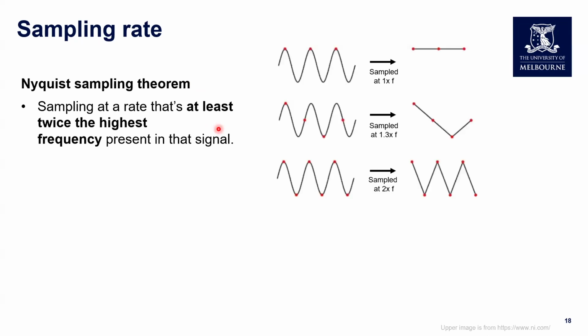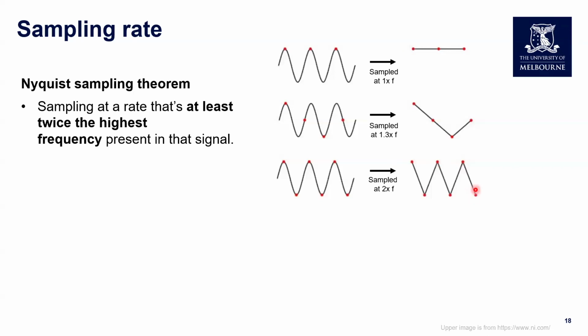As you can see in this image, the black curve is our signal, and the red dots are where we will be sampling. When we sample this at its own frequency, you can see that we cannot truly capture the information. Increasing the rate slightly higher improves it, but the signal only starts to be captured properly when we sample at least 2 times its frequency.